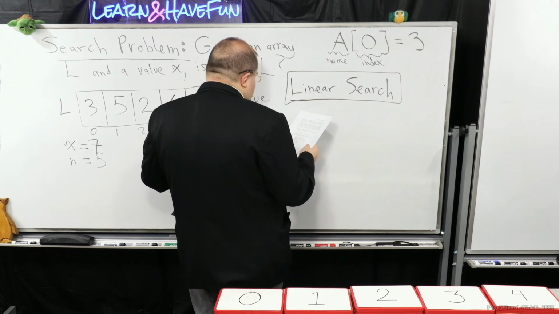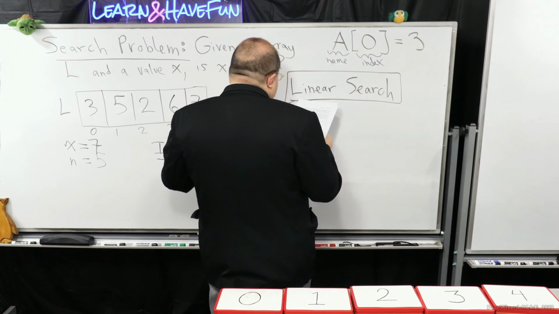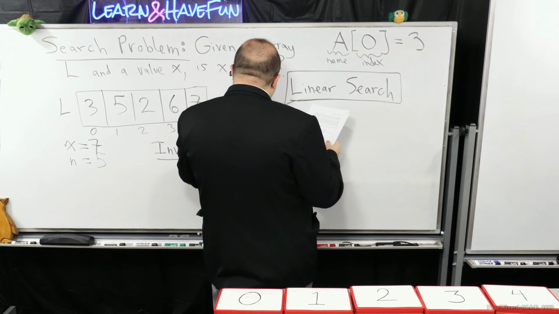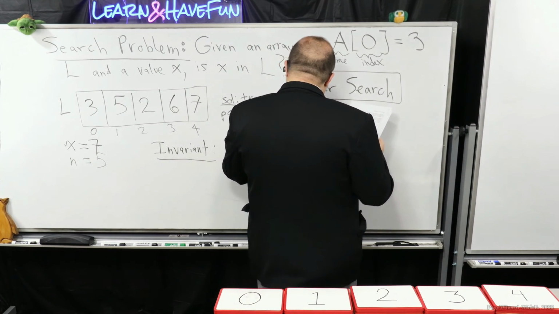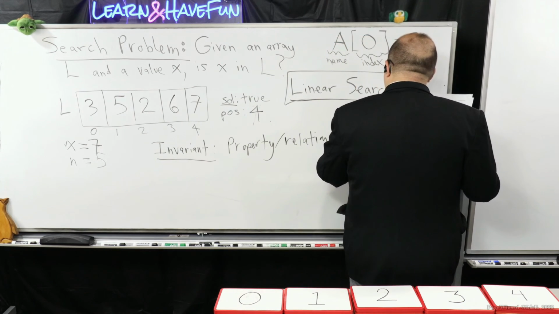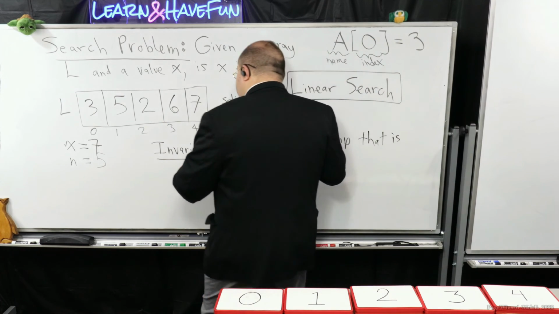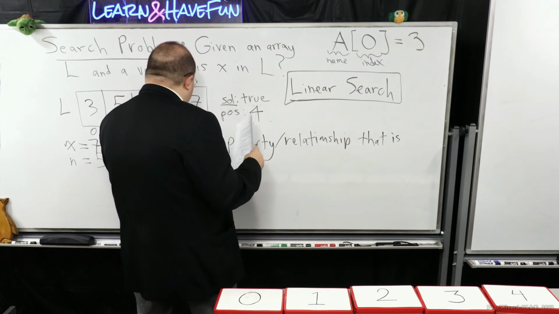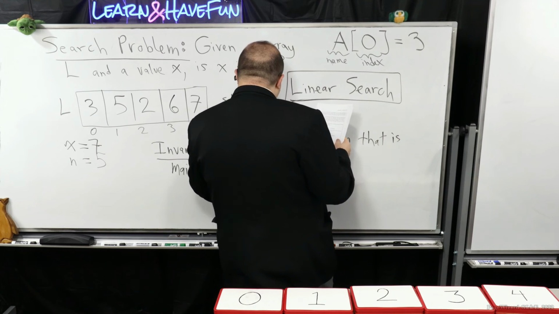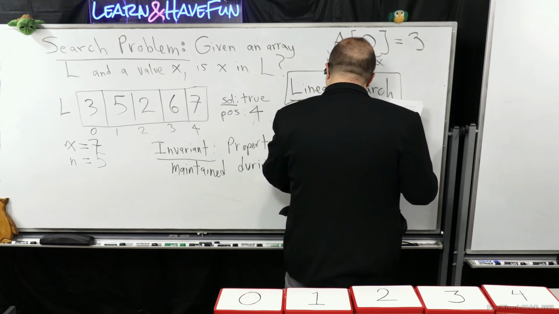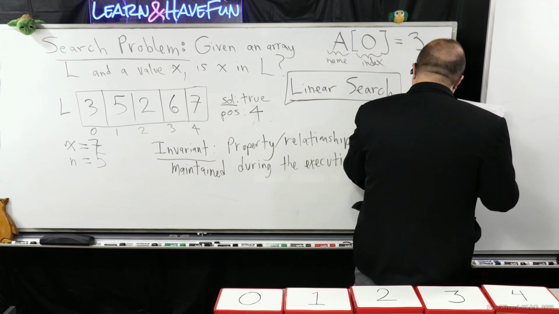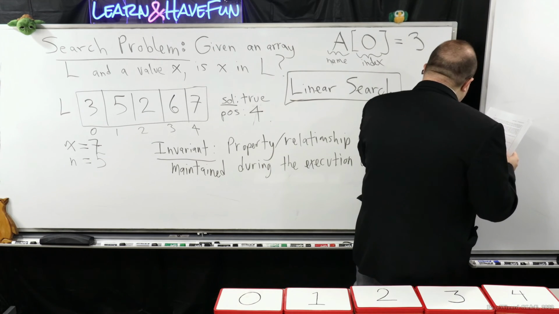So an invariant, at least for our discussion, is a property or relationship that is maintained during the execution of the algorithm. So there's specific kinds of invariants.